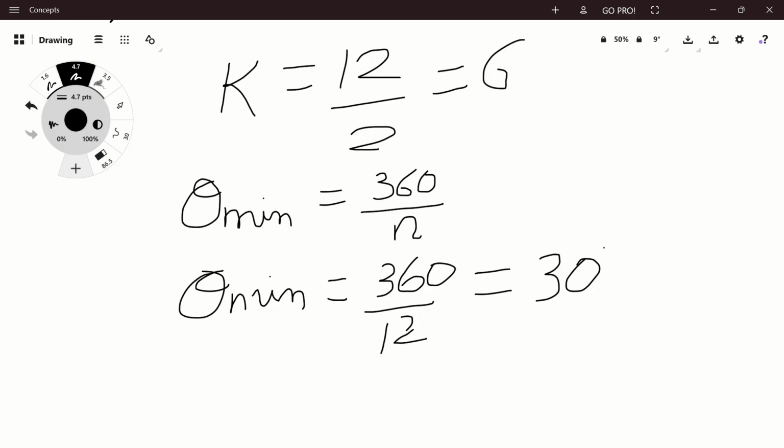An angle of rotation will align exactly k vertices if the angle is a multiple of theta minimum, and specifically if angle upon theta minimum and n share a common factor. But angle upon theta minimum is not a multiple of n by k. The smallest such angle is found by considering the greatest common divisor, GCD, of n and k.